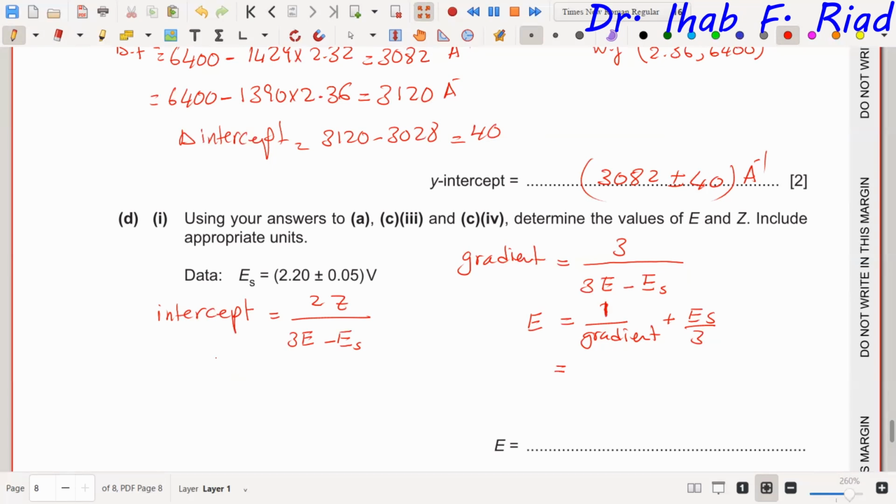Okay. Let us substitute. What is the gradient? The gradient, it was 1429.